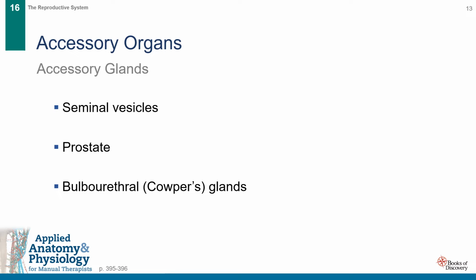This fluid also contains fructose, which sperm catabolize for ATP, and prostaglandins, which support sperm motility and viability. The seminal vesicles secrete their fluid into the vas deferens, where it joins the ejaculatory duct.